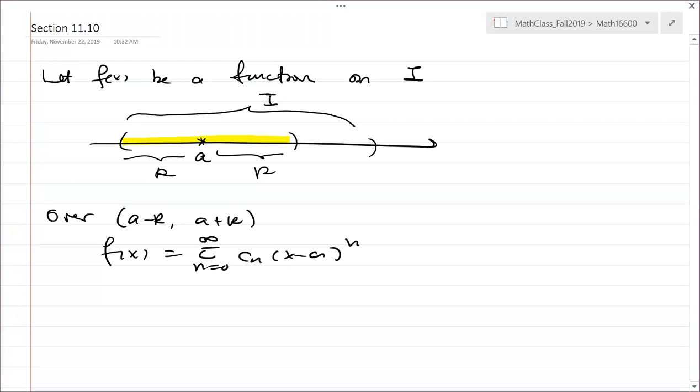Then we can find the largest symmetric interval about A, contained in I, and over that interval we may be able to express the function as a power series. In most cases, this is fine.